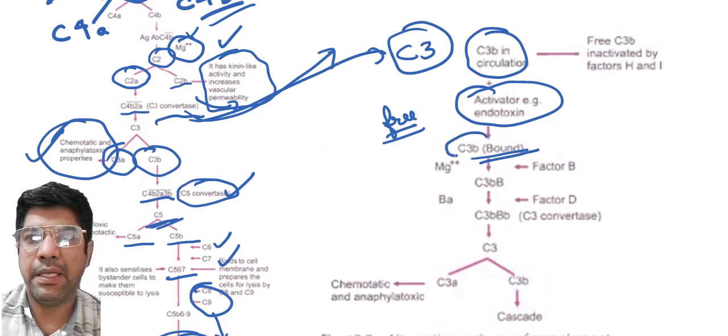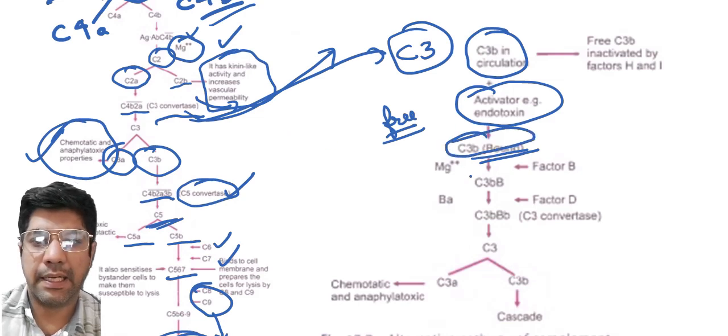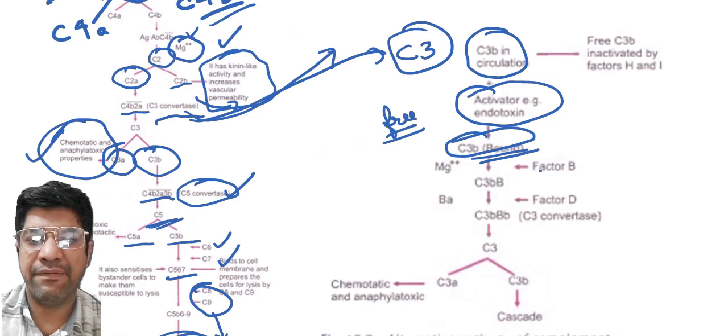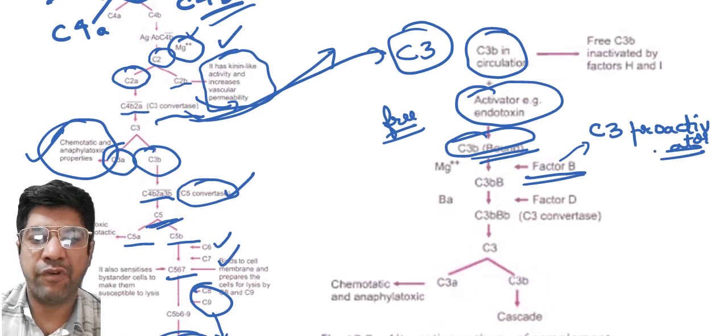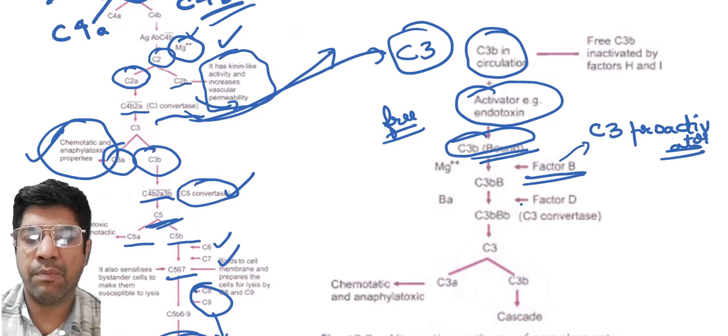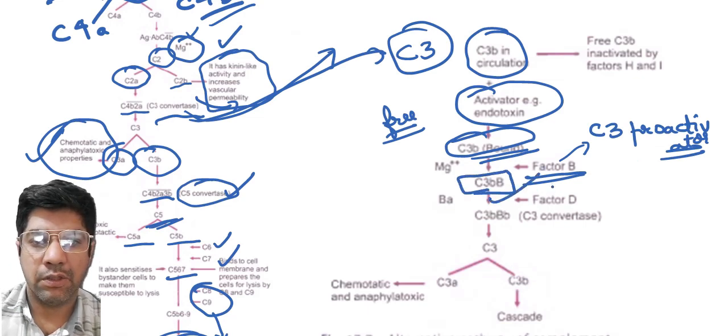Bound C3b interacts with the serum protein factor B, also known as C3 proactivator. This interaction leads to formation of a magnesium dependent complex, C3bB.